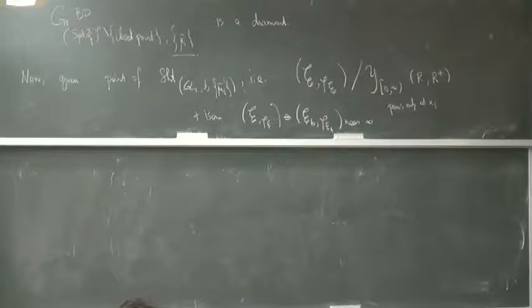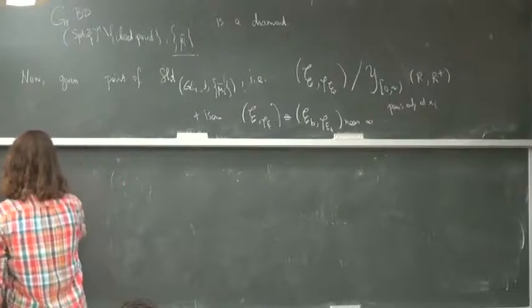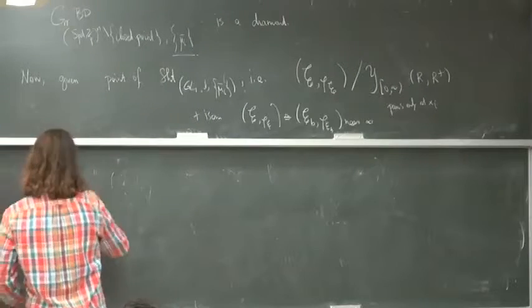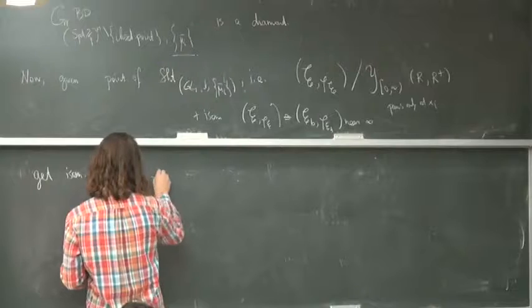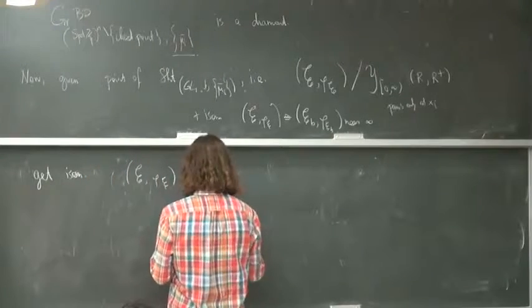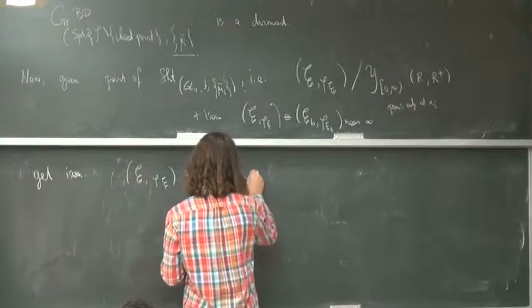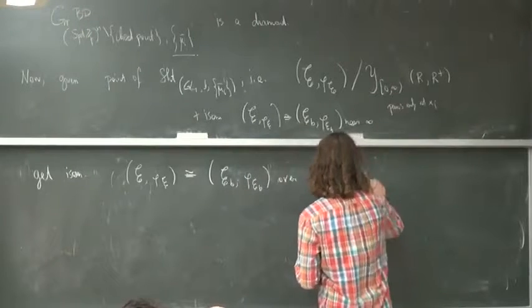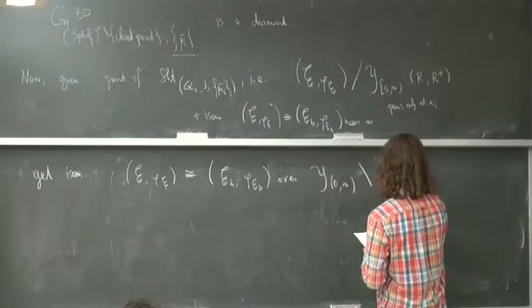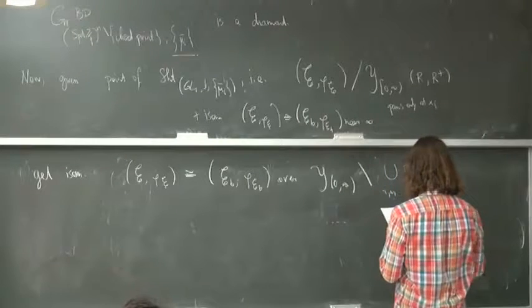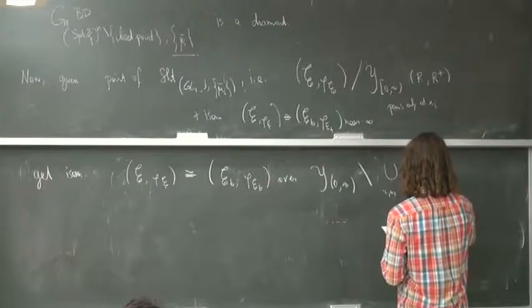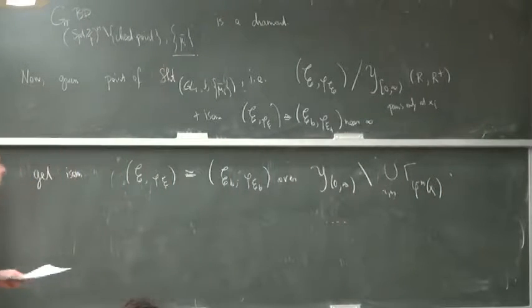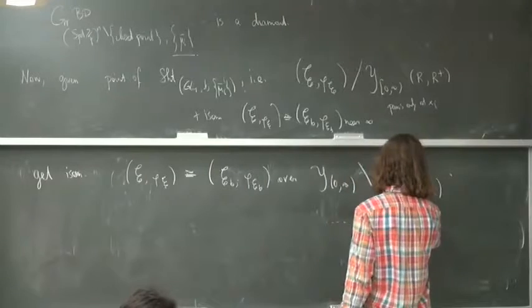But apart from that we get an isomorphism between E and this other guy over this whole open part, where you remove the union of the graphs of all the phi to the minus m of x_i. The m's are non-negative, M is greater or equal to 0, I should say this.